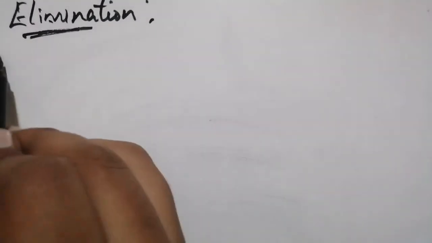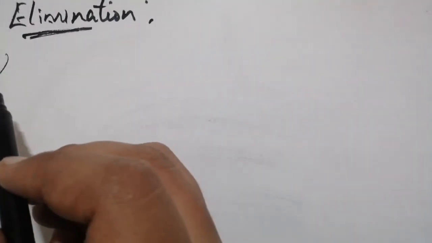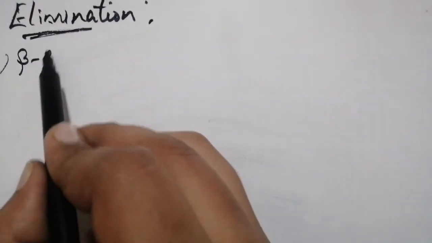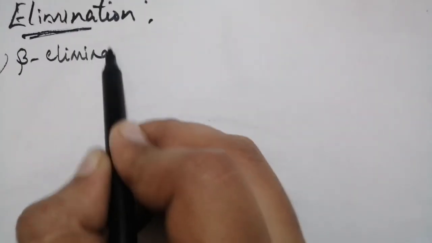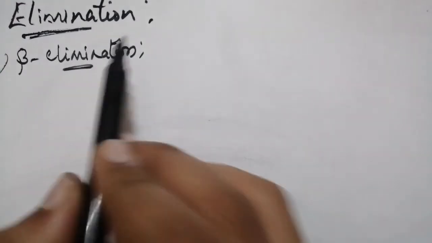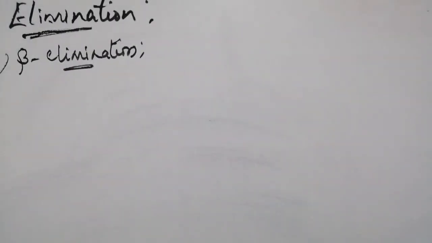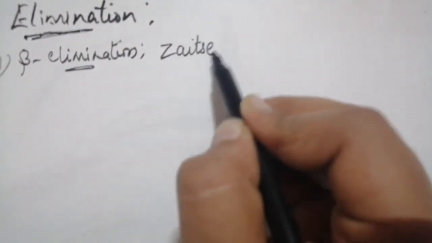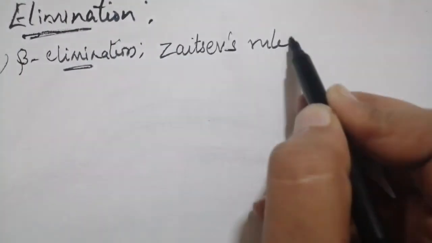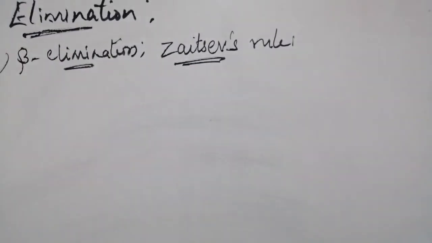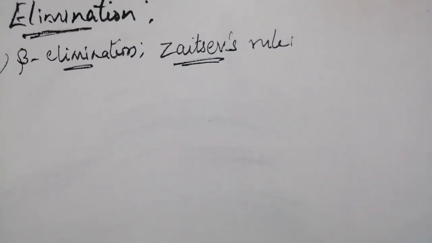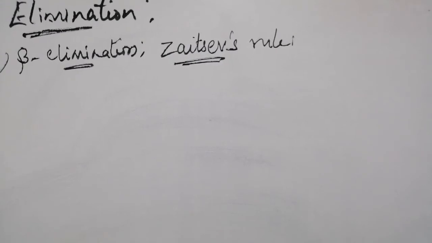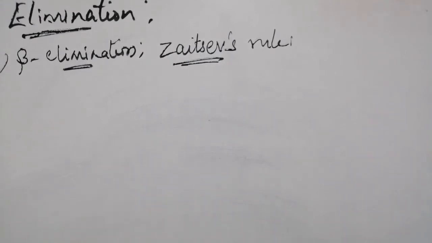The first is the beta elimination reaction, which is very important, and it follows Zaitsev's rule. The spelling is different in different textbooks, but I am telling what I have studied.